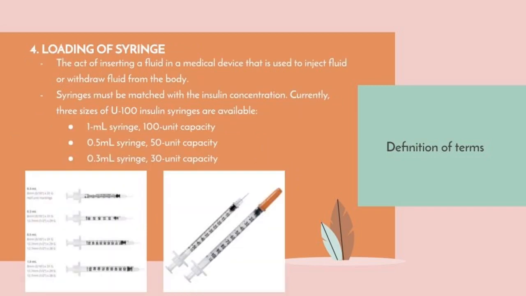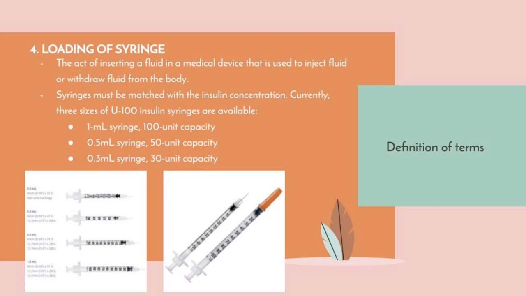Loading of syringe. This is the act of inserting a fluid in a medical device that is used to inject fluid or withdraw fluid from the body. Syringes must be matched with the insulin concentration. Currently, 3 sizes of unit 100 insulin syringes are available: 1 ml syringe, 0.5 ml syringe, 0.3 ml syringe.